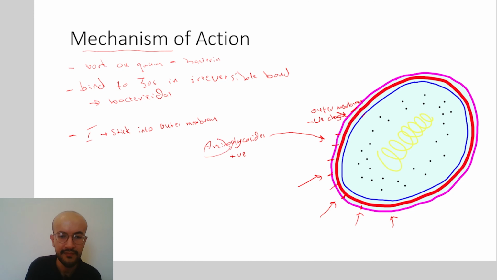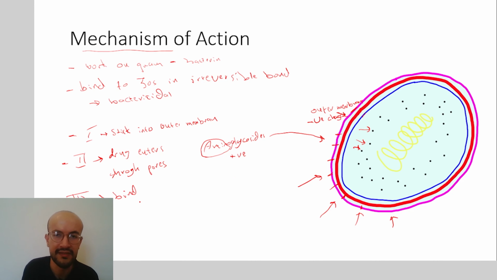But in fact, it is the drug that is going to kill the bacteria, and that's stage 2: the drug enters through the outer membrane pores. Then it works on the ribosomes, and that's stage 3, when it binds to the 30S subunit and inhibits protein synthesis.